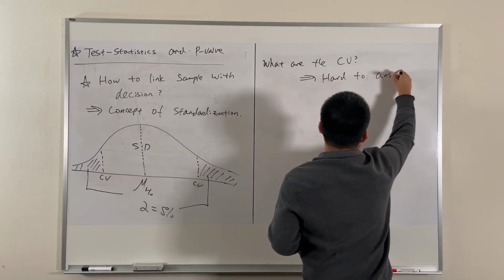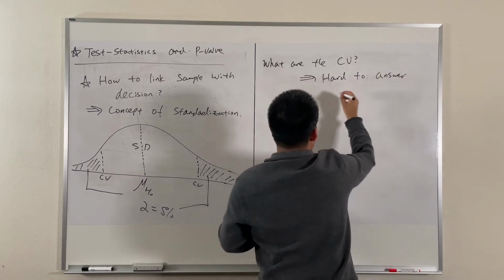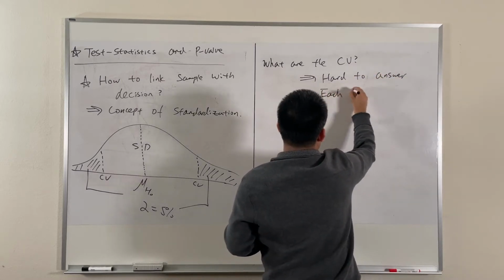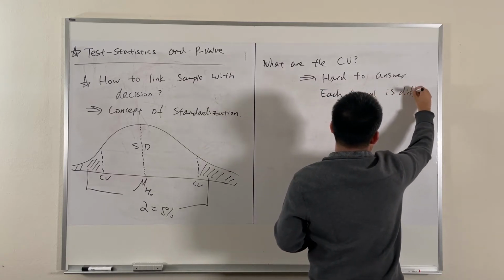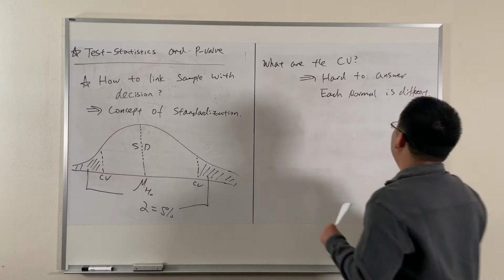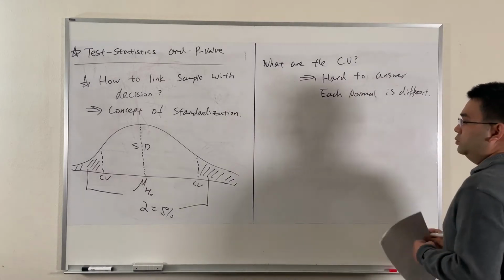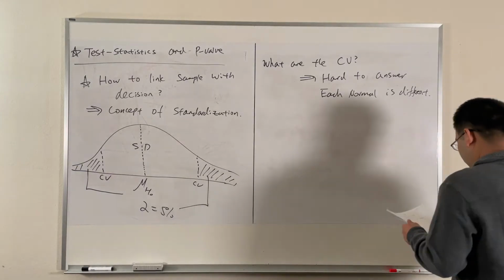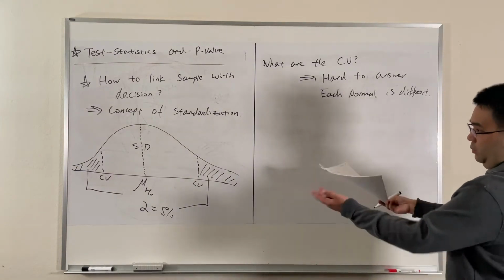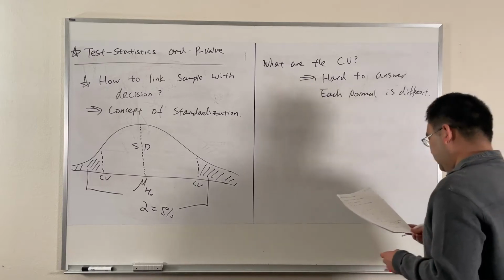Each single normal distribution is different. It's really hard to come up with the critical value on the spot when you are given a set of normal.